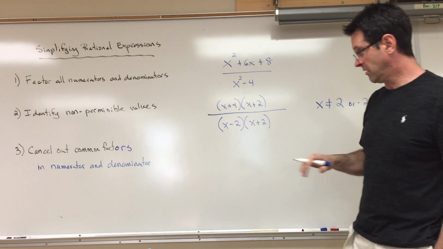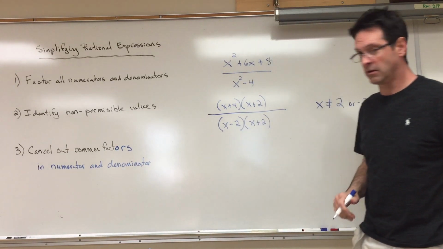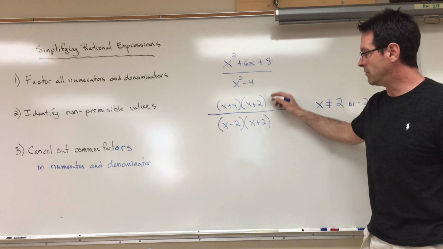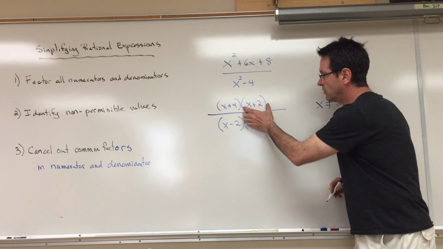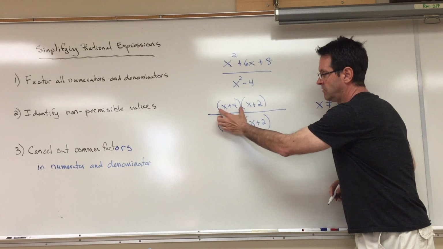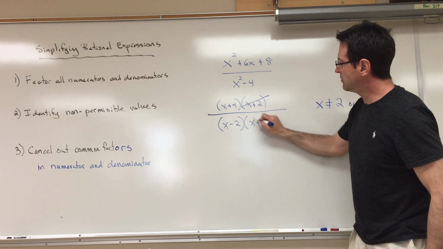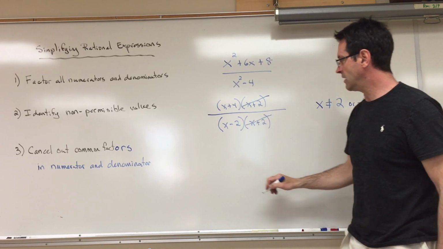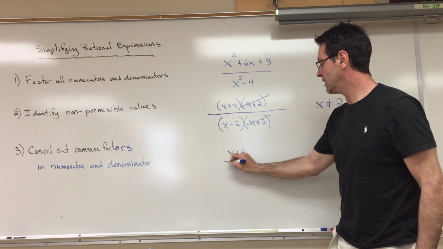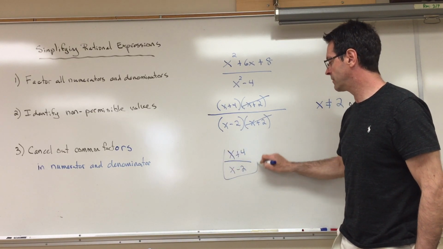And then the last part is to cancel out common factors in the numerator and denominator, like we would when we reduce fractions. Is anything common top and bottom? We have an x plus 2 in the top and an x plus 2 in the bottom. These are being multiplied, so I can cancel out one in the top and one in the bottom, and all that leaves me with is x plus 4 in the top and x minus 2 in the bottom.